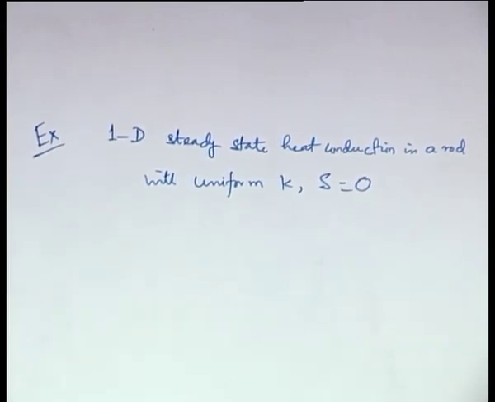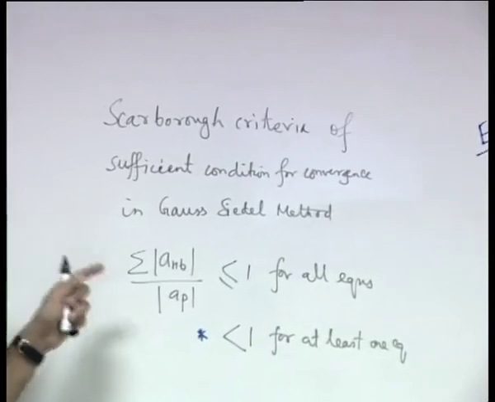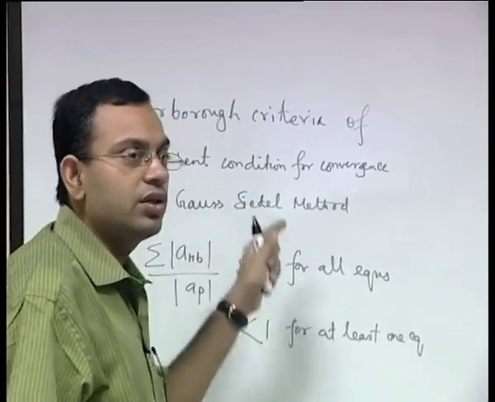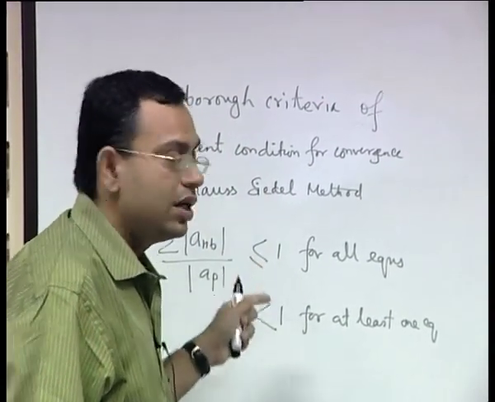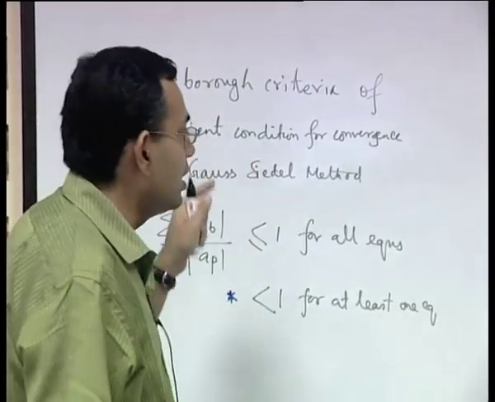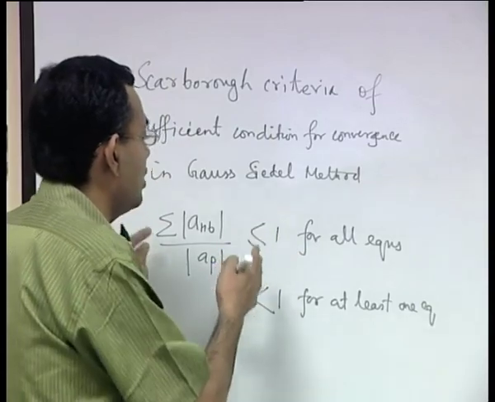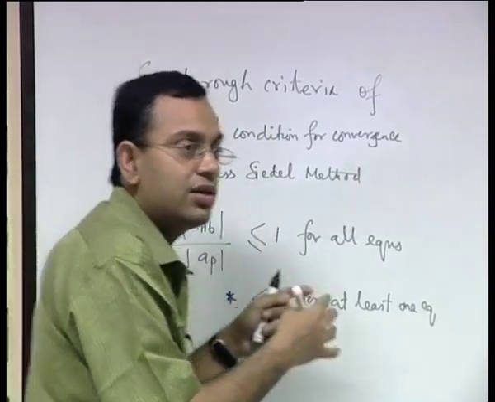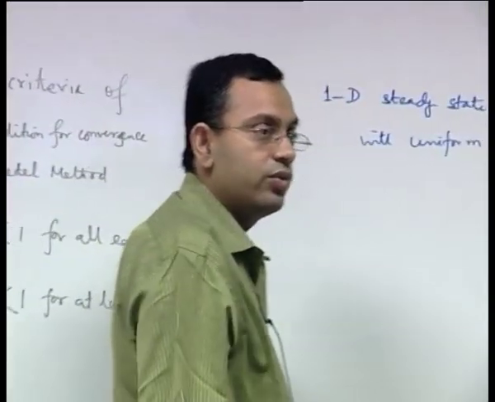The Scarborough criteria is generally intended for the Gauss-Seidel method, because people use the Gauss-Seidel method more often than the Jacobi's method, but with an understanding that its essential conception is based on the theoretical derivations that we have for the Jacobi's method.